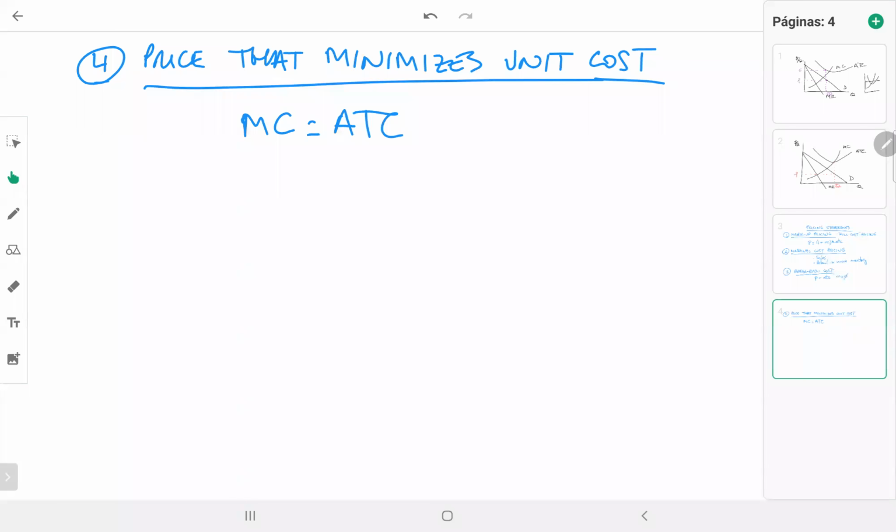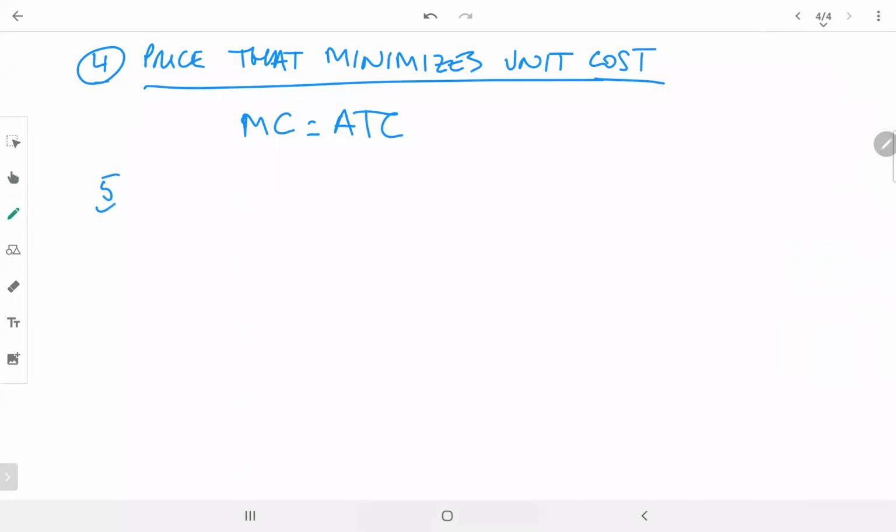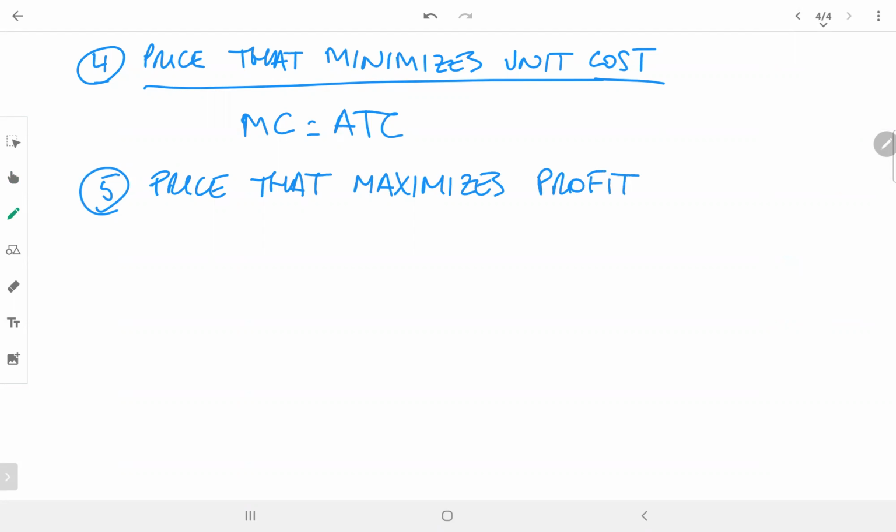And last but not least, here in the fairly theoretical prices, we have the sweet spot, which is the price that maximizes profit. We know that we maximize profit where marginal revenue equals marginal cost.